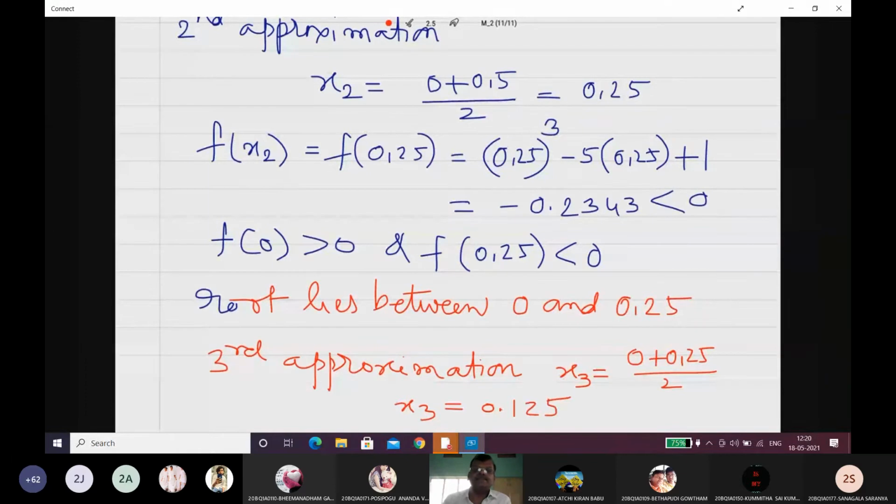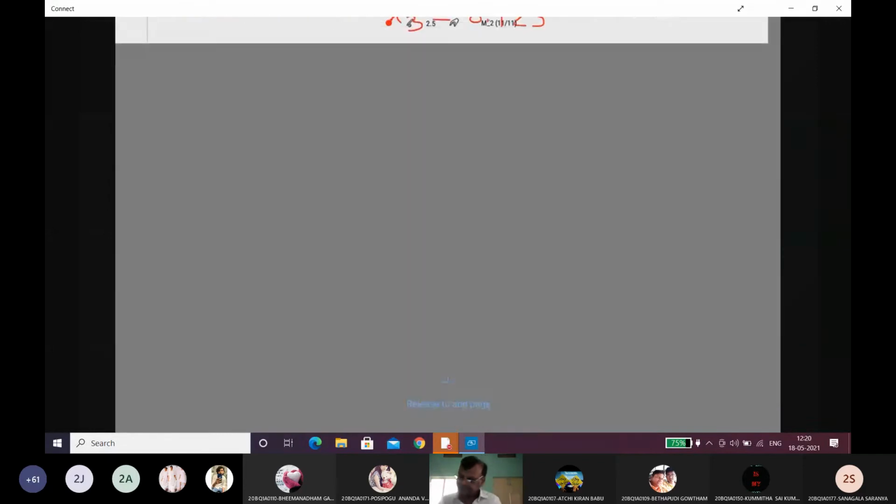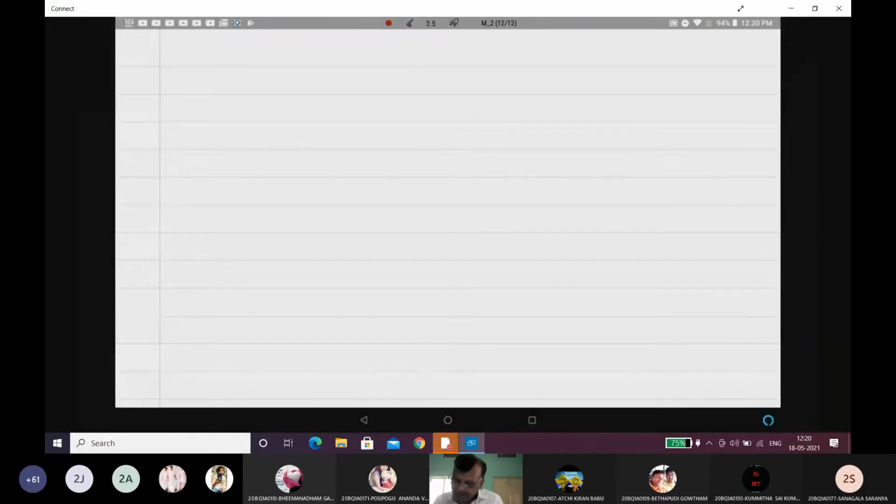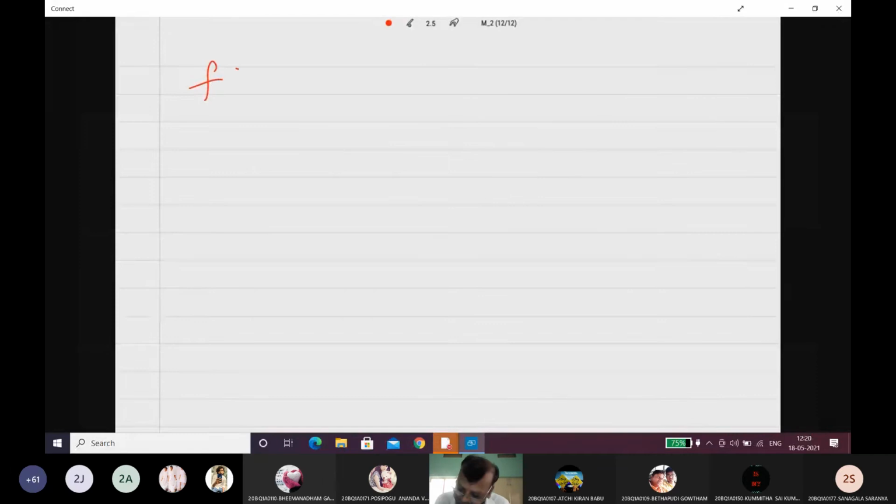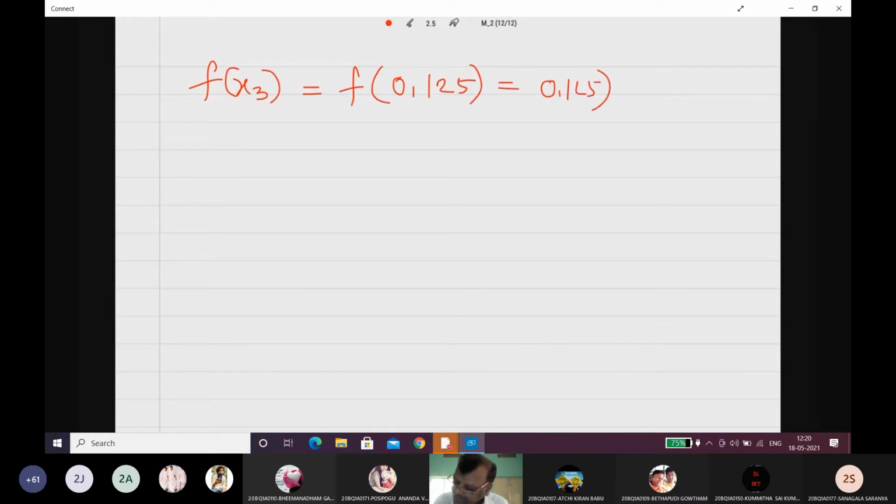Shall I move the slide? Yes, sir. f of x3 is equal to f of 0.125. 0.125 ఫంక్షన్ లో రాయాలి.